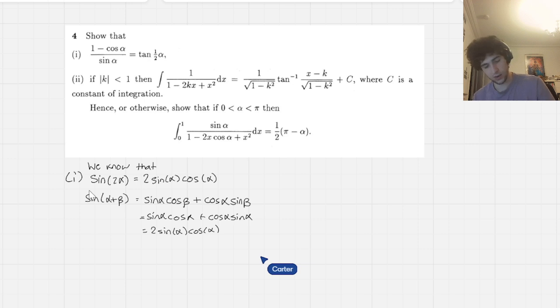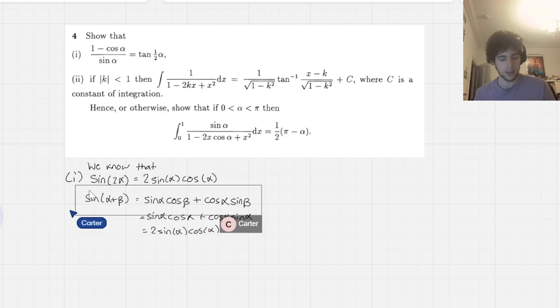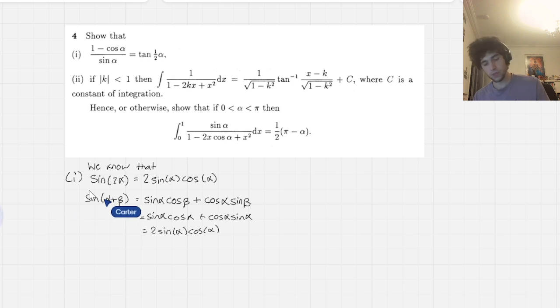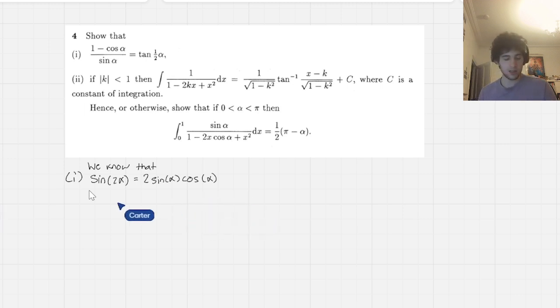If you're wondering how to derive this compound angle formula, you can do it geometrically, but that's slightly longer, so I won't do it here. If you can accept that, then you can also accept that sine of 2 alpha is 2 sine alpha cosine alpha. So that means if you give me some alpha, I can tell you what sine of 2 times that alpha is.